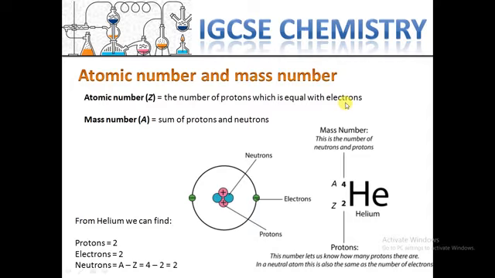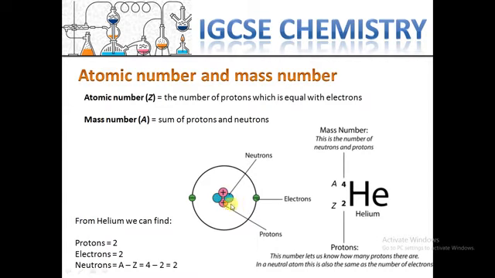As I explained before, each atom has an equal number of electrons and protons. Electrons are negative and protons are positive, so an equal number of these two makes each atom neutral. This number we call Z, which is the atomic number.